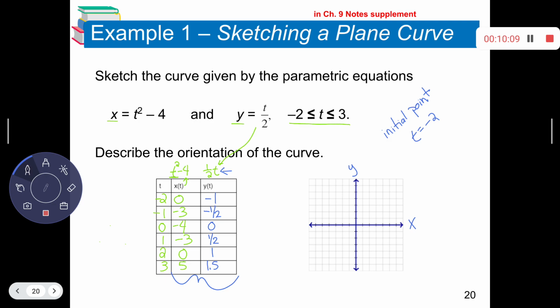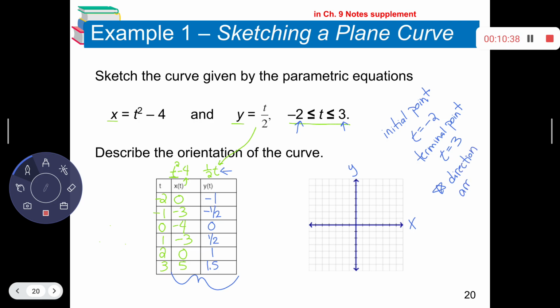They said from t equals -2 to 3. And then we're going to have a terminal point. So these begin and end. They don't go on forever. The terminal point will be when t equals 3, because our time interval is from -2 to 3. And we're going to have to include direction arrows.